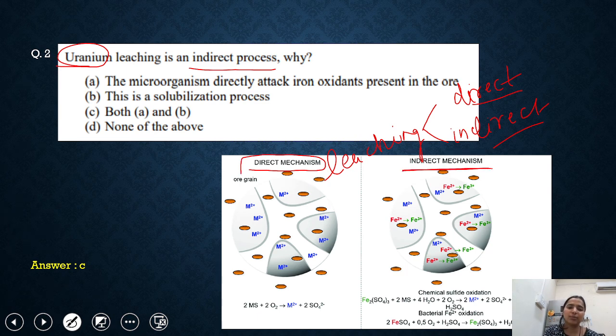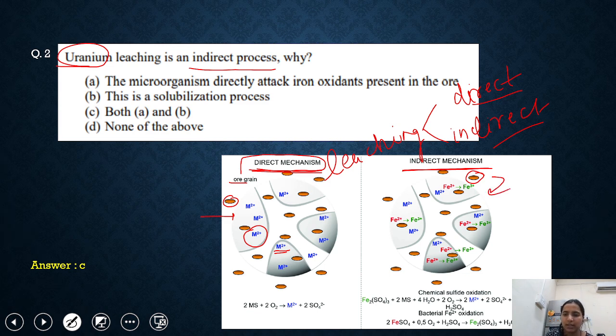Suppose this is an ore in which metal is present. When the microorganism or the chemical method, specifically we are talking about bioleaching, suppose these are the microorganisms, when they directly react with the metals present in the ore, that process is called the direct mechanism. But when the microorganism reacts indirectly, it is called the indirect mechanism.